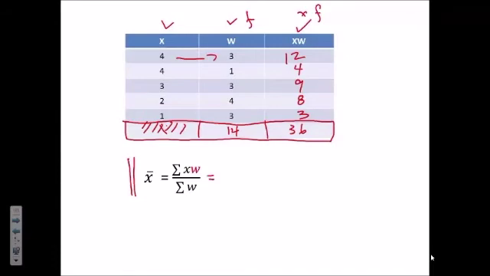Anyway, the sum of the XW column is 36. The sum of the weights was 14, and if you divide 36 by 14, you get 2.571 and so on. So therefore, the GPA is going to be usually rounded off to 2 decimal places. 2.57 is the person's GPA.